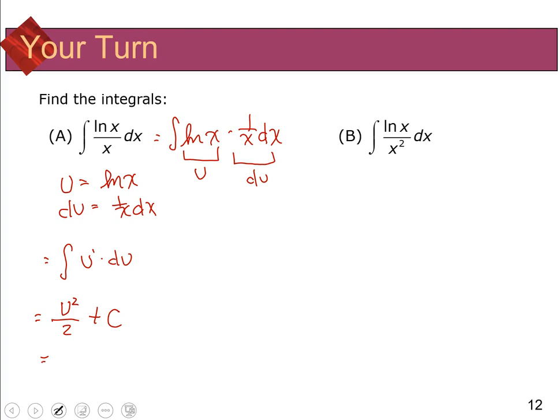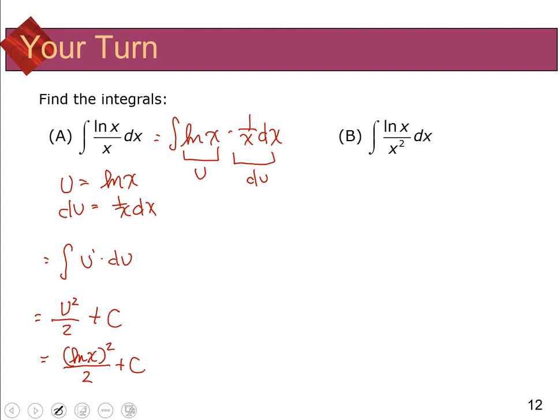When I have a definite integral and I'm putting numbers in, I can alter the x values into u values and just evaluate that, or I could go back to putting it in terms of x and then put those x values in. But this is an indefinite integral, so that's not a concern right now. So u was the natural log of x, so I'm going to replace u with that, over 2 plus c. That would be the final answer.